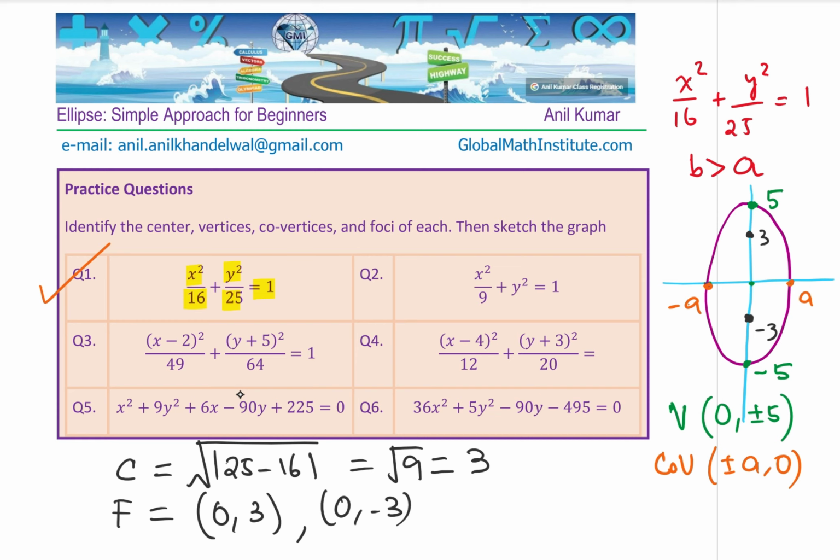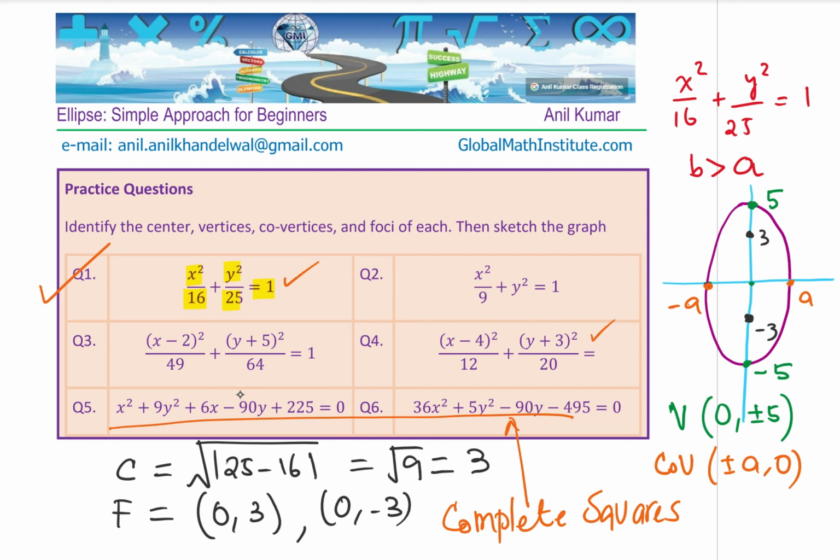So what do you have to do here? Well, for these two questions, you need to complete the squares, correct? You need to complete squares, get them in this standard form, and then do it, right? So that is what is required from you.